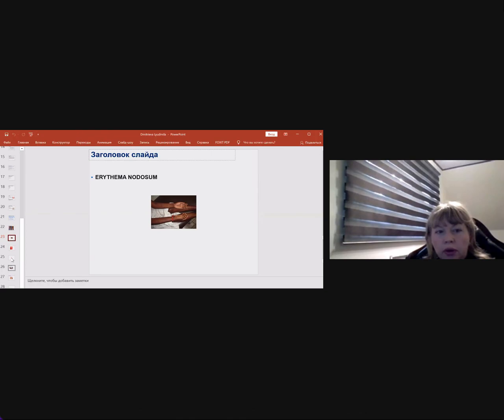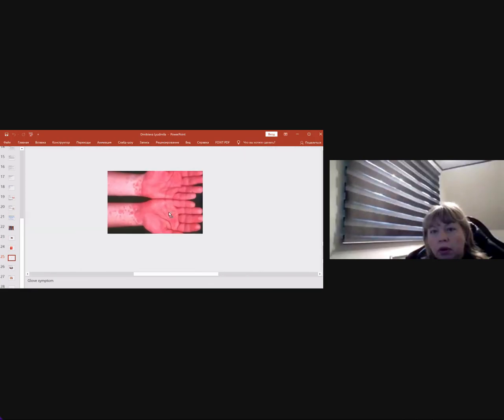And doctors, gloves symptom. You can see red colored distal parts of the arms, rash and edematous. Gloves symptom. And the same picture may be on the legs as socks symptom.